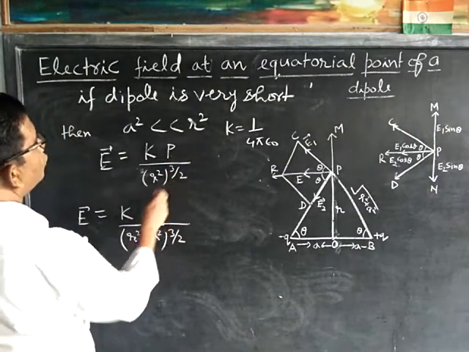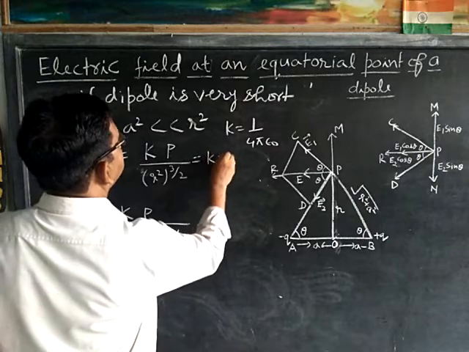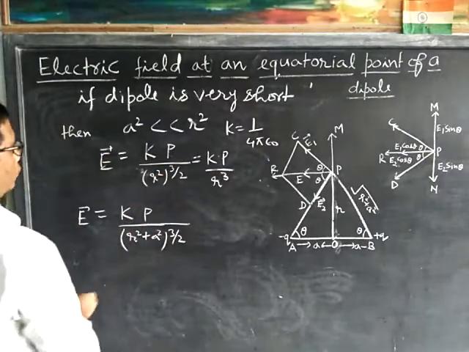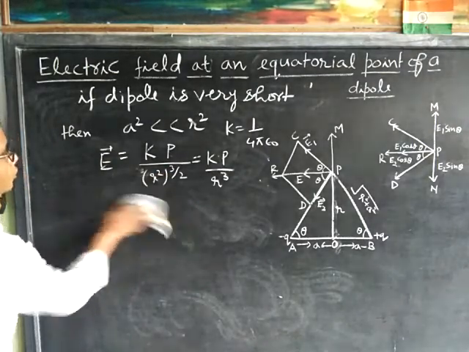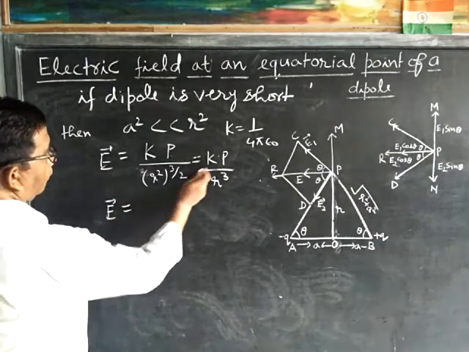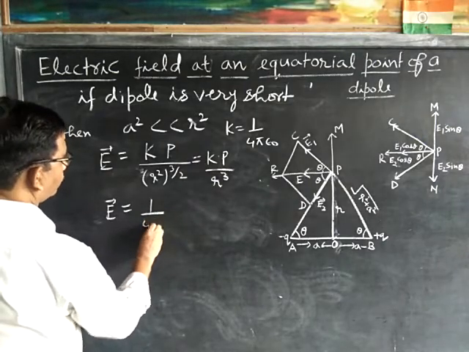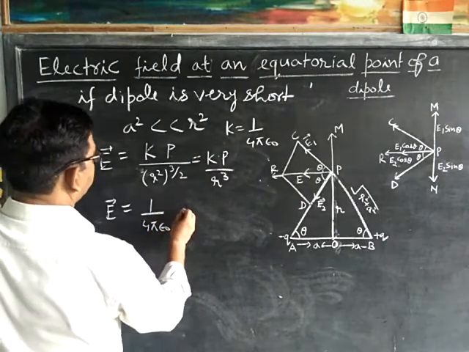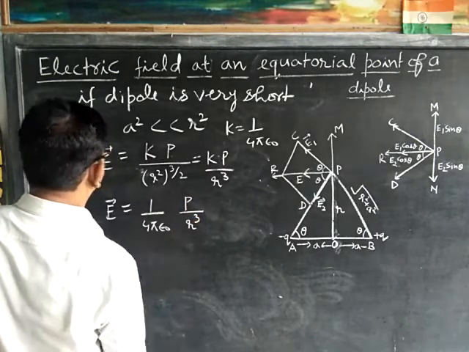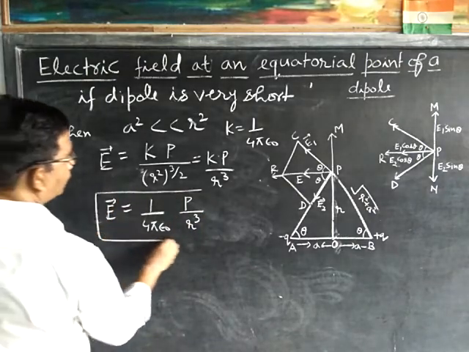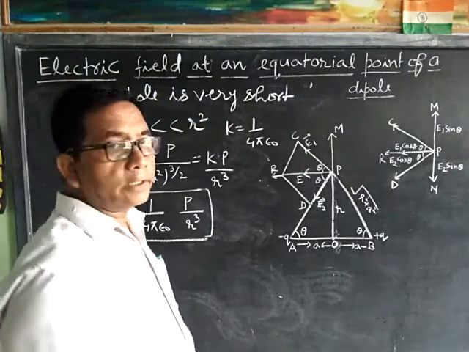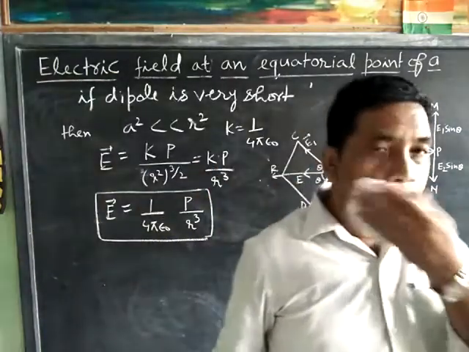We will cancel 2, then it becomes kp upon r cube. Then E is equal to, now put the value of k, 1 upon 4 pi epsilon naught p upon r cube. This is the formula for electric field at an equatorial point of a dipole when dipole is very short.